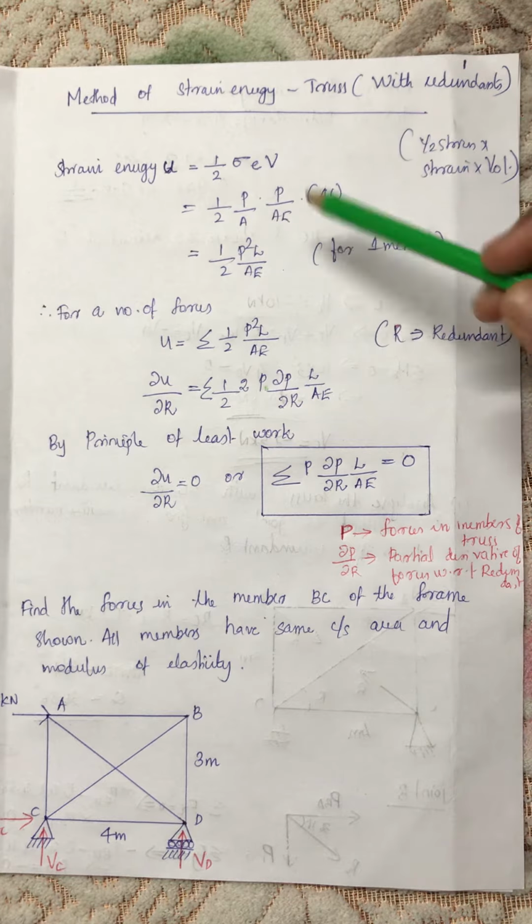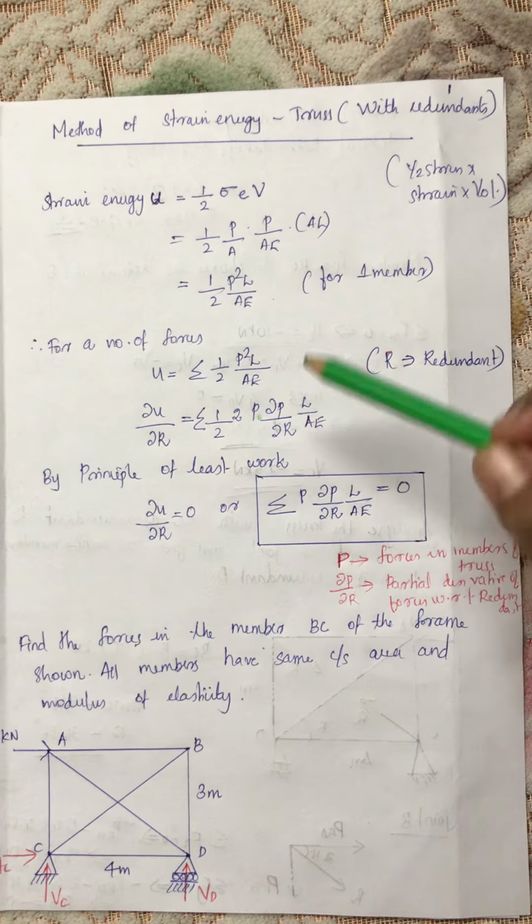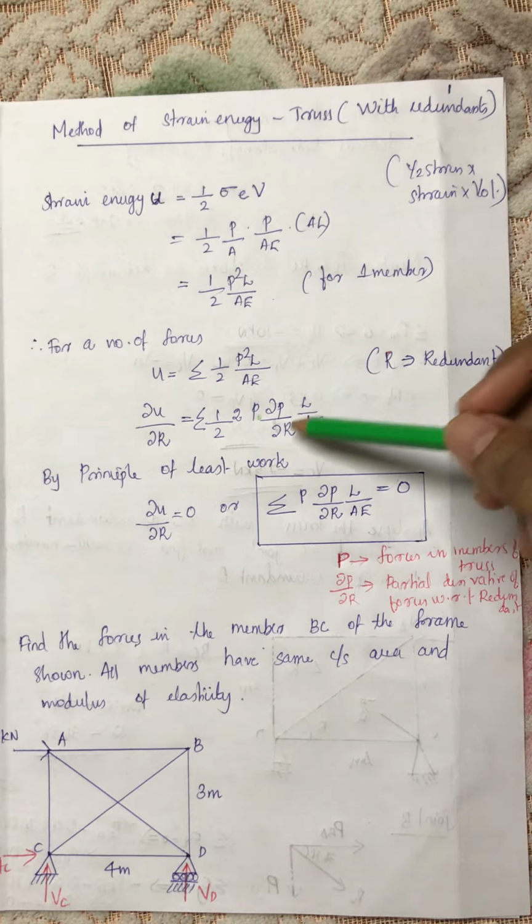So just take the partial derivative with respect to the redundant, that's equal to summation of half into the partial derivative of this term with respect to the redundant. I chose R as the redundant, so that's equal to half into 2 into P into dou P by dou R into L by AE, the partial derivative of strain energy with respect to the redundant.